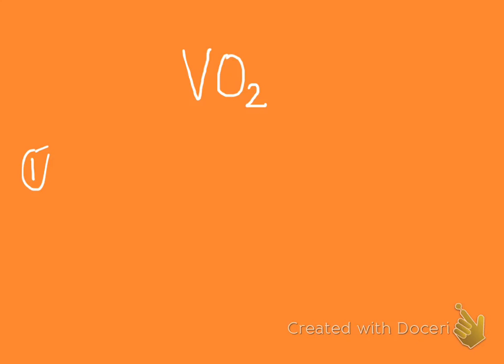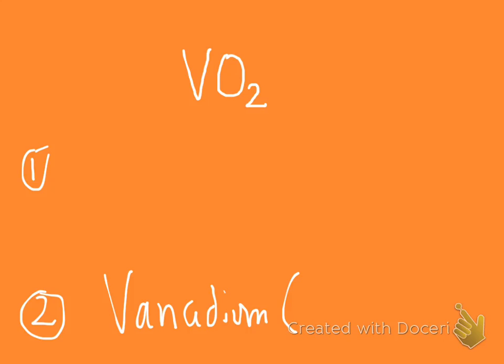All right, so if we start with our second step first, V is vanadium. So this is vanadium something oxide.